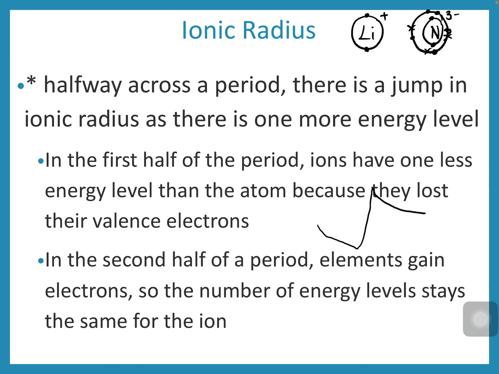And so these ions are in the same row in the periodic table, but lithium as an ion only has 1 shell of electrons and nitrogen has 2. So that's what accounts for this big jump. As we move from this element to this one, there is an extra shell of electrons happening there.